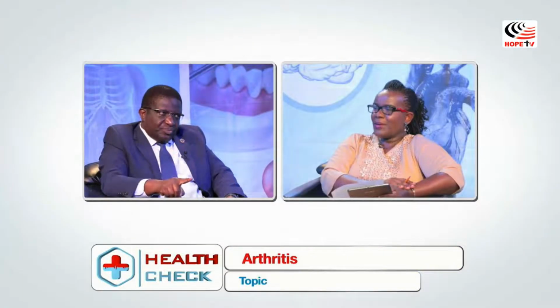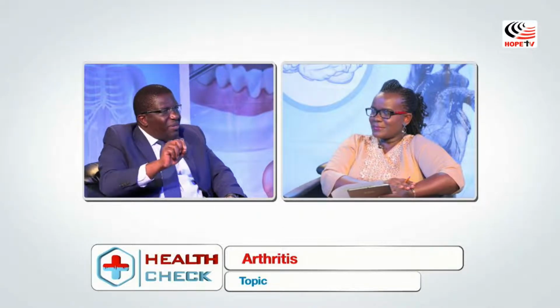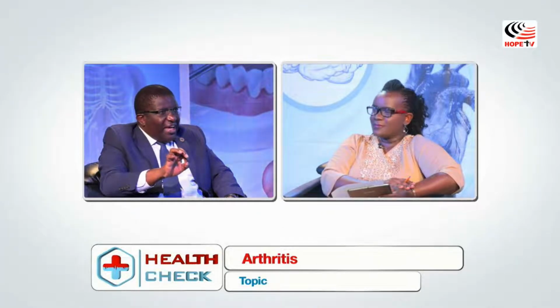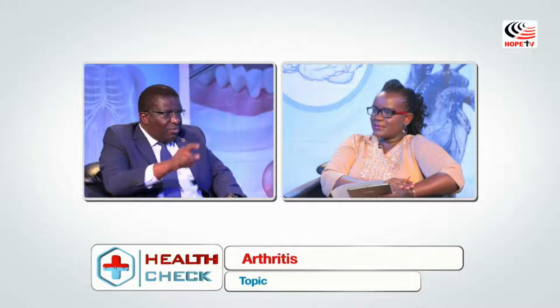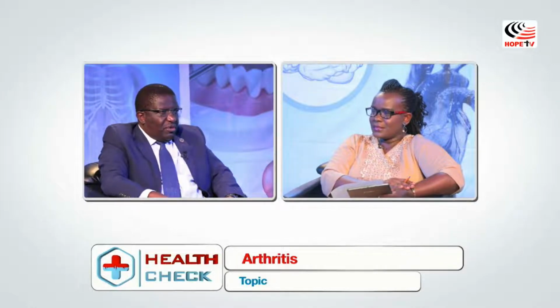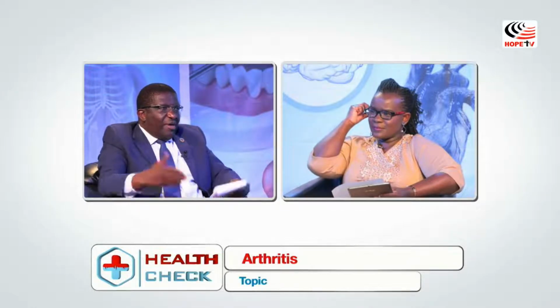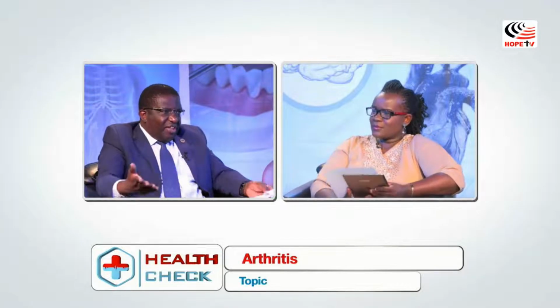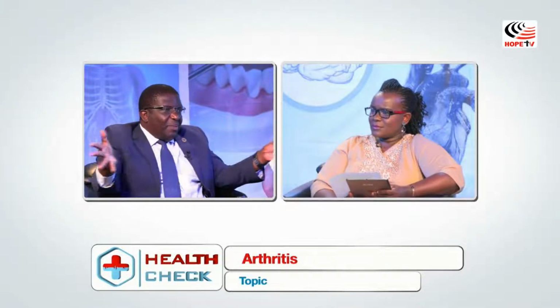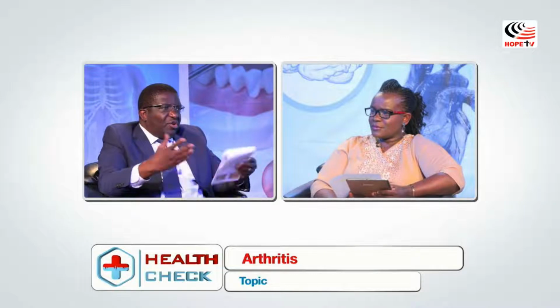So who is supposed to take action? People with arthritis should take action. How? By seeking medical attention and by demanding medical resources. For example, we have just had elections of governors, and they are going to have public participation when they are allocating resources.